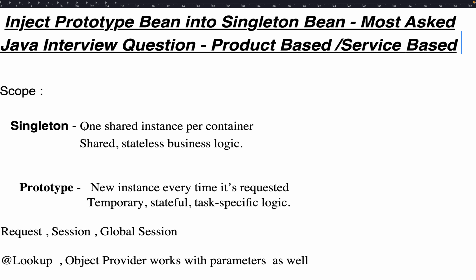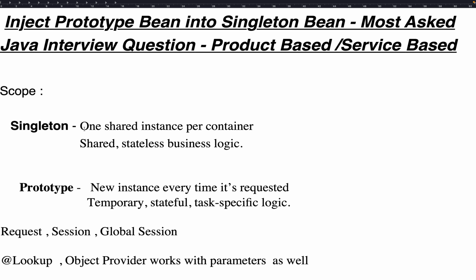Suppose there is an application in which you are sending mail to customers, and for every email request you should get a new bean instance. Once the email is sent, that bean becomes eligible for garbage collection. The whole service logic uses the singleton bean, but the email functionality should use the prototype bean, so for each email you send, you get a new bean every time. That is the real time example.